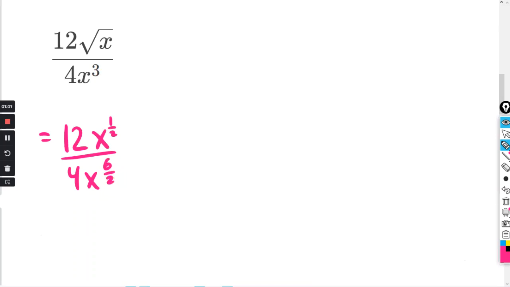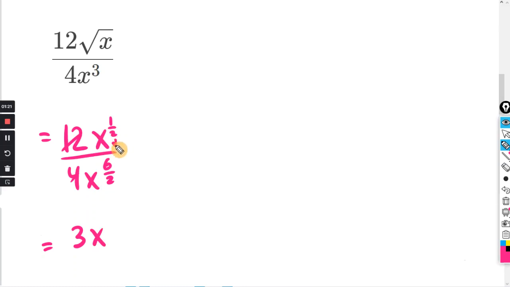The reason I did that is so we can subtract the exponents. 12 divided by 4 is just 3. And since the variables match, they're both x, and they're divided, we can take the exponents and just subtract going down.